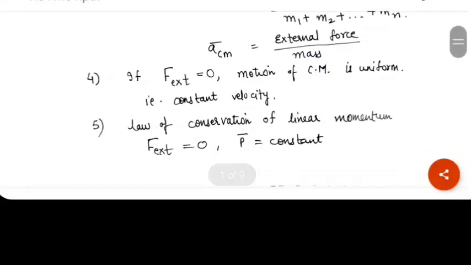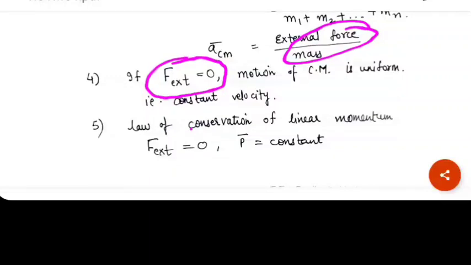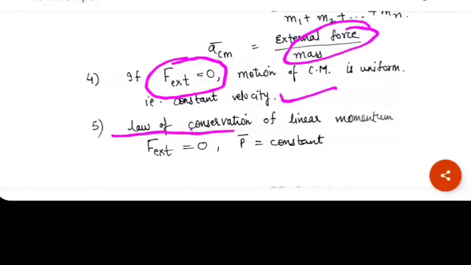So, by Newton's second law, acceleration is equal to external force divided by mass. Now, the law of conservation comes if external force is 0, meaning no external forces are applied on the body, so there will be no acceleration in the body and it will be moving with constant velocity, which further leads to a very important law in physics, which is the law of conservation of linear momentum.